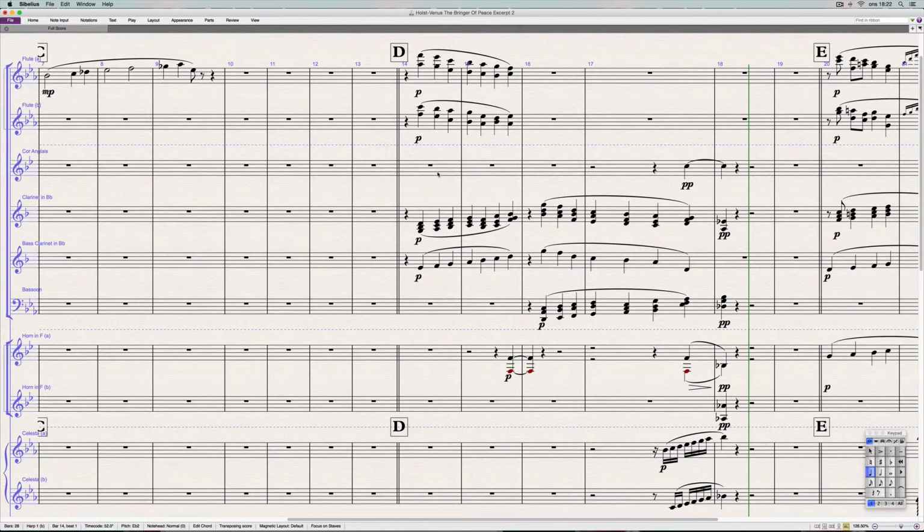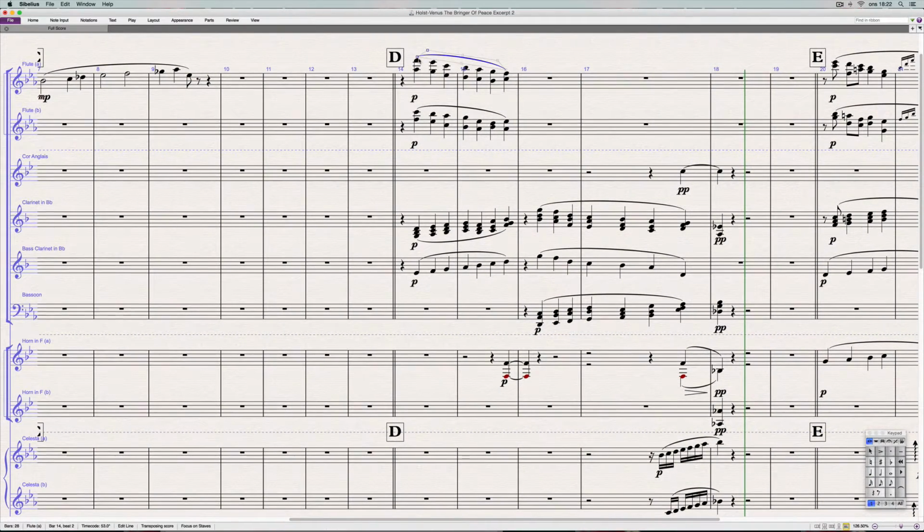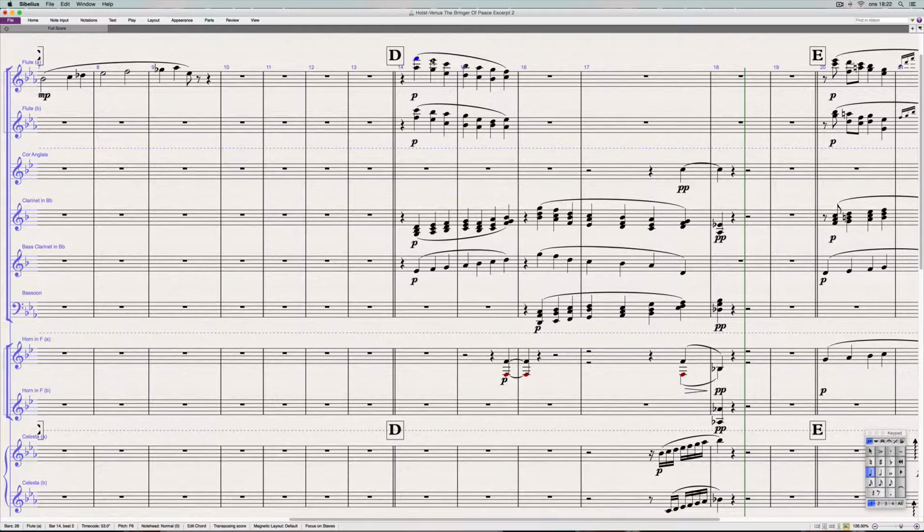Then you have an ascending bass line here. But what you probably will recognize is this. The top line here. Right? Difference is, of course, that it's in the same rhythm.